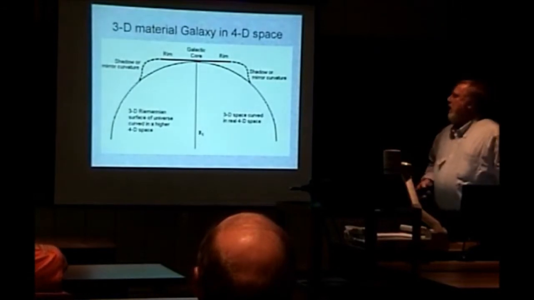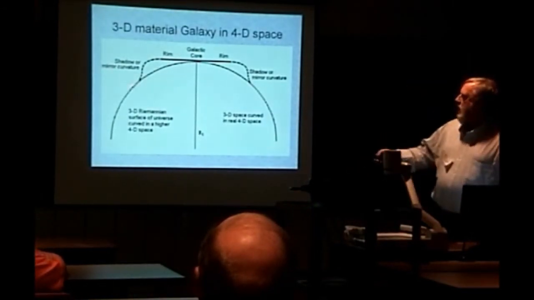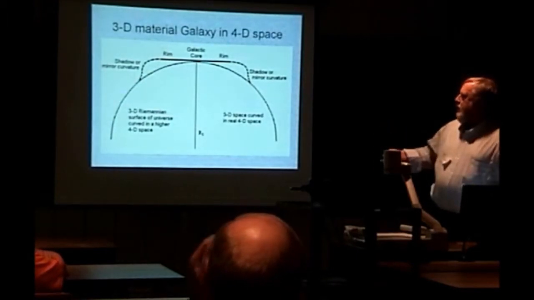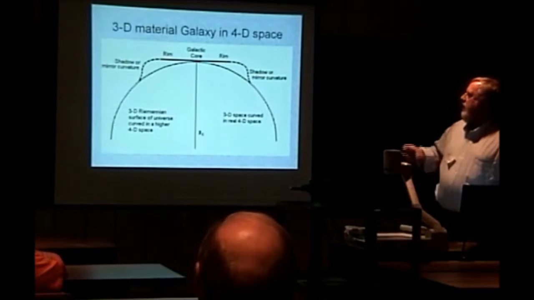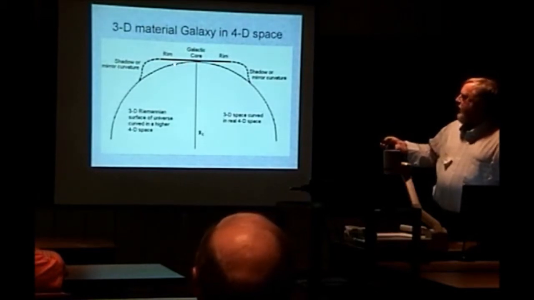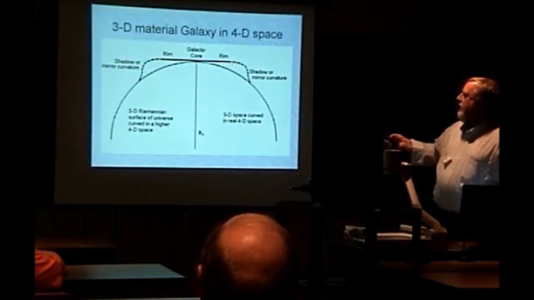Basically, if we have a real curvature, this would be our universe, the Riemannian sphere, a three-dimensional surface curved in four-dimensional space, and this is the Einstein radius. You have a galaxy. A galaxy is also a three-dimensional object, so normally we would see the galaxy conforming to the curve of space, but actually galaxies are big enough that they stick out like this.